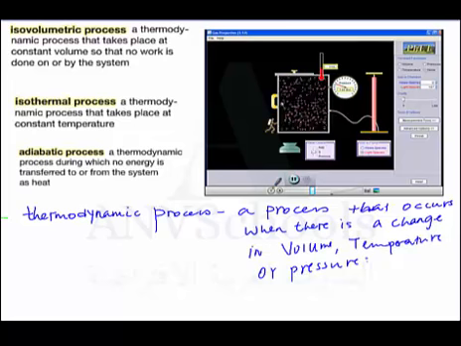Energy is neither added to the system nor given out from it. He is only changing the volume. When he pushes to the right, the particles move quicker, so the kinetic energy increases.